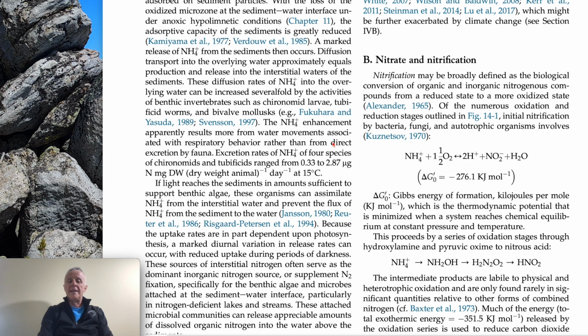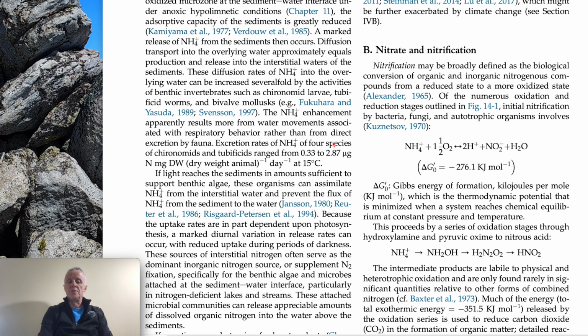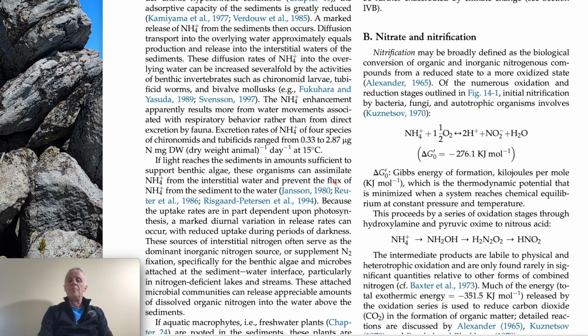The ammonium enhancement apparently results more from water movements associated with respiratory behavior rather than from direct excretion by fauna. Excretion rates of ammonium of 4 species of chironomid and tubificids range from 0.33 to 2.87 micrograms of nitrogen per milligram of dry weight per day at 15 degrees centigrade.